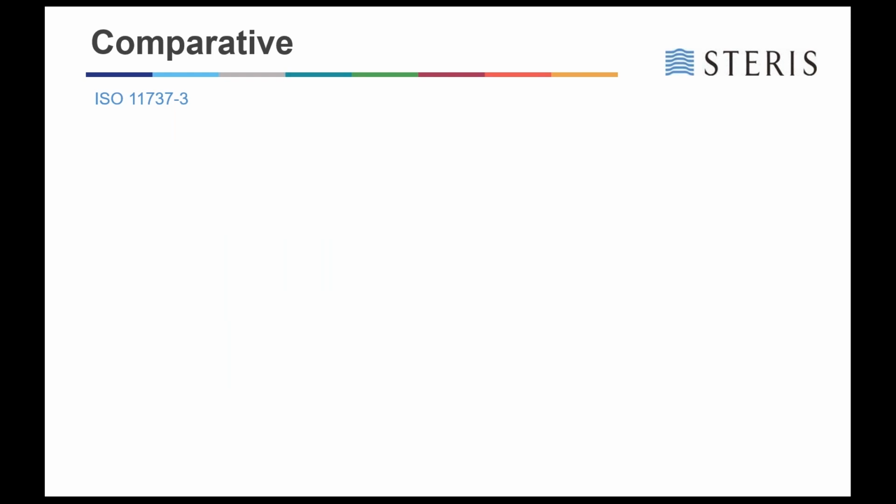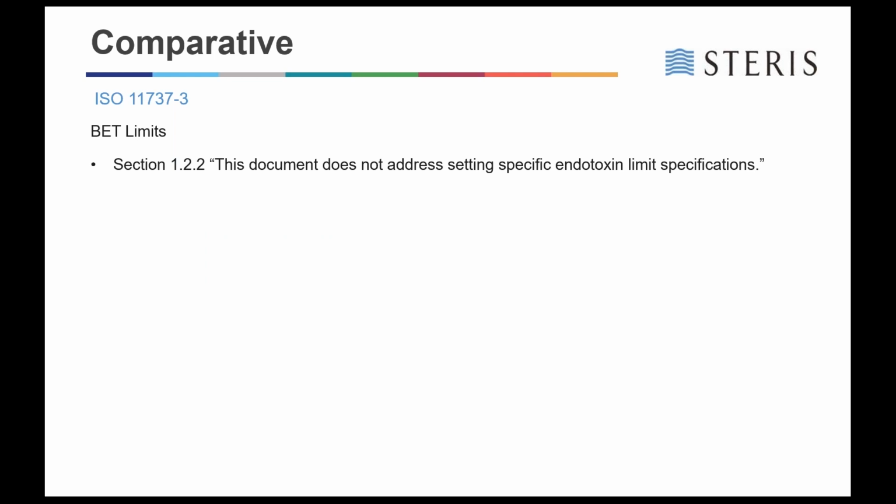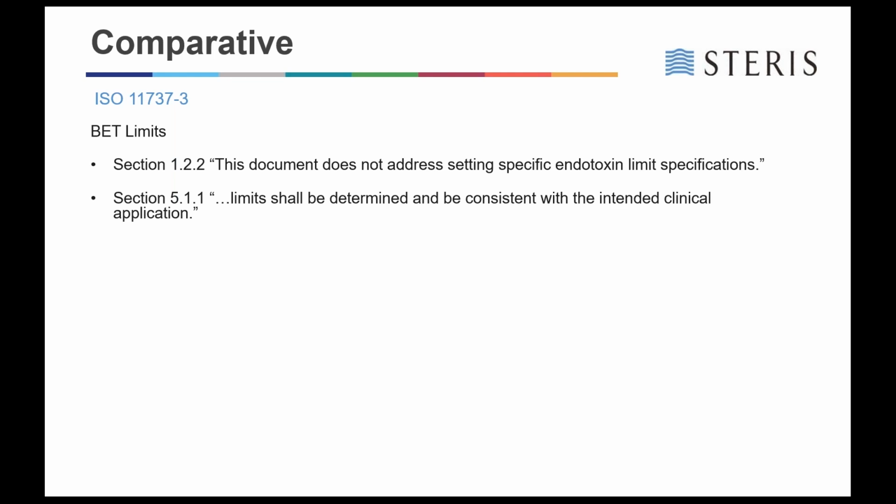Okay, moving on. We go into a little bit more detail on the BET limits. We did note that the document doesn't specifically address setting of limits for endotoxin. However, in these various sections that we can see here, this is section 5.1.1, limits shall be determined and consistent with the intended clinical application.